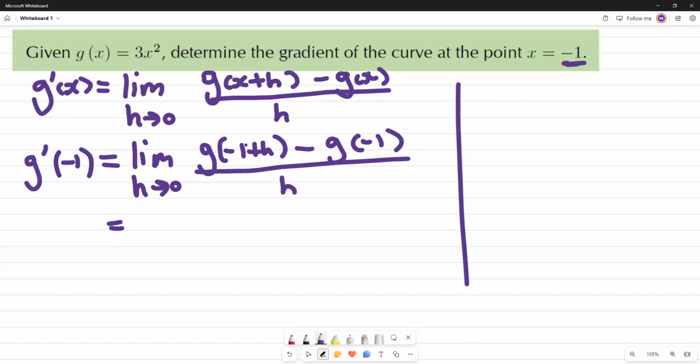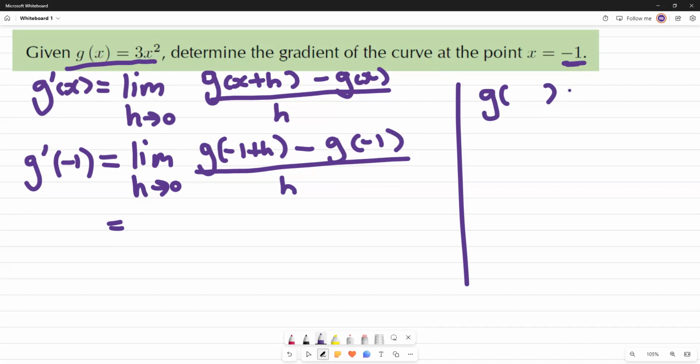Perfect. So now, ladies and gents, before we proceed, we need to get these values. Now we need to get g at -1 plus h and g at -1. Okay, sharp. So I'll show you how to do this. It's very easy. So we're going to start with this guy. Before you substitute this, on your graph, just rewrite everything, but where there's x, leave spaces. So I see there's g, where there's x, I leave a space.